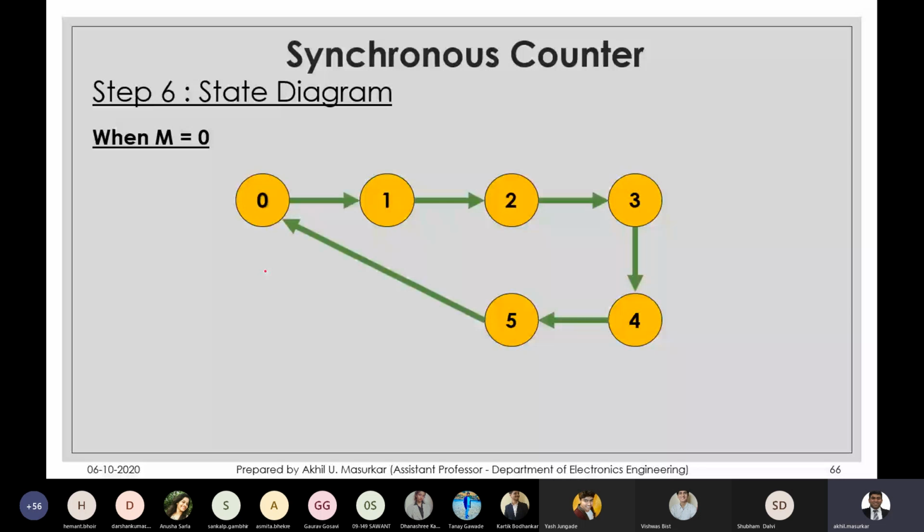So for m equal to 0, this is the state diagram, 0, 1, 2, 3, 4, 5 in ascending order. And when m equal to 1, you can see the direction of the arrows has changed. First, the arrows were from left to right, and when m equal to 1, they are the other way around.